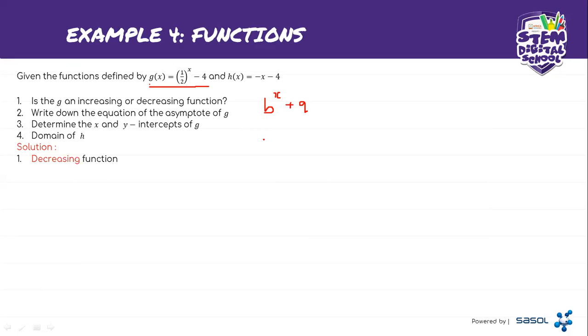Now, if b is between 0 and 1, then the graph will always be decreasing. Hence, the answer for this is decreasing, because you can see 1/2 is between 0 and 1. I mean decrease, right? It's going to decrease if b is between 0 and 1.